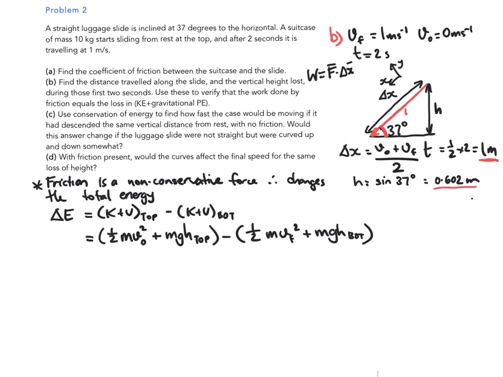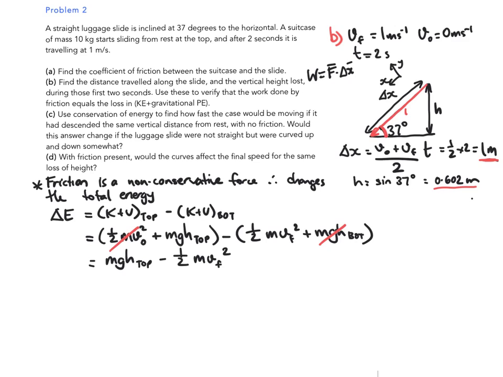So that's good. This first term disappears because there's no kinetic energy at the top. It's from rest. At the bottom, we arbitrarily say that there's no potential energy left. So we get mgh top minus half m vf squared. So that's our change in energy.